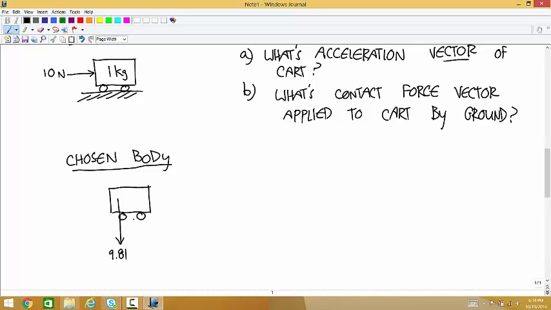There's a pushing contact on the wheels, and that's perpendicular to the ground, toward the cart, away from the ground, so up, and I'll call that N. And then there's the force that we were given that's applied to the left of the cart. And I'll use the usual orientation of the coordinate system. So now we'll go to Newton's second law.